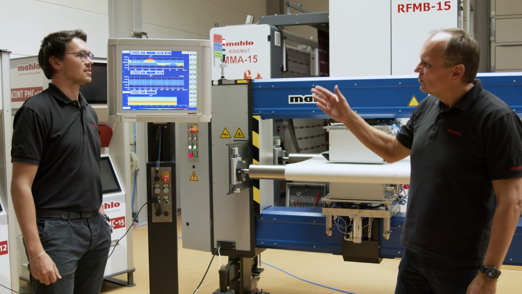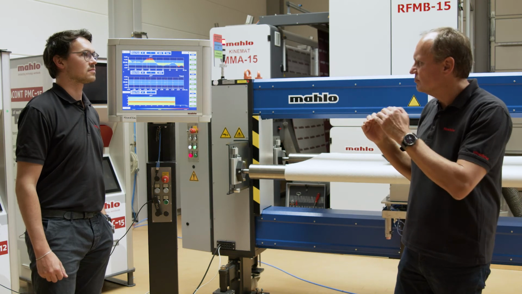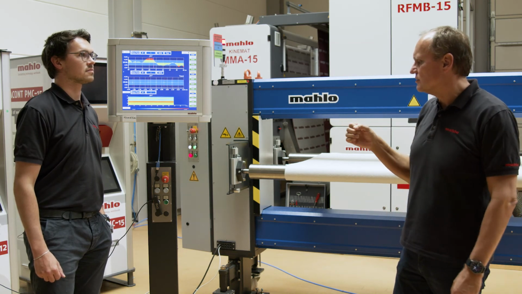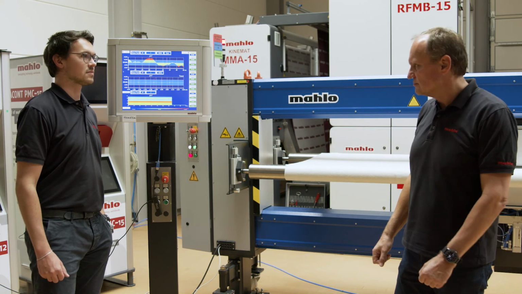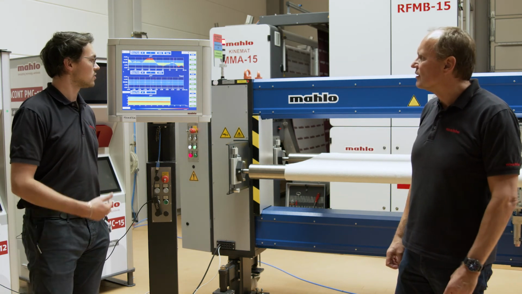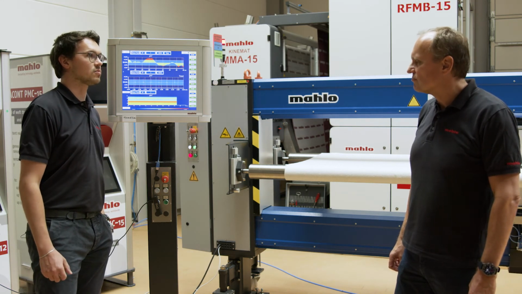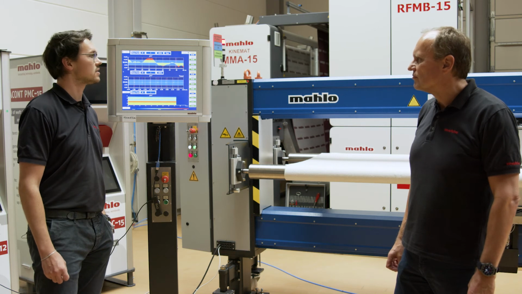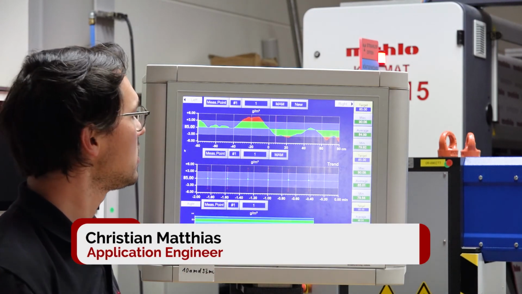Yes. We can see a very similar profile. The measurement is a little bit different. I guess this is because of the different measuring spot size. Yeah, that's correct. So here our visualization works like I mentioned before for the FMX system. We have the cross profile at the top.